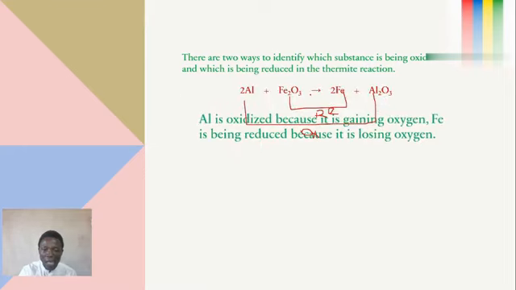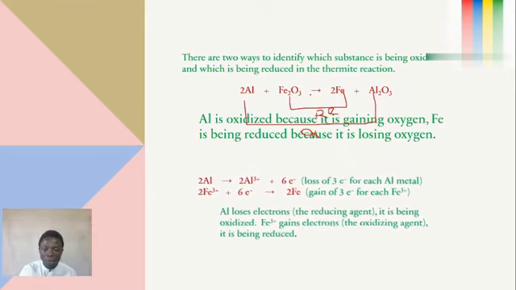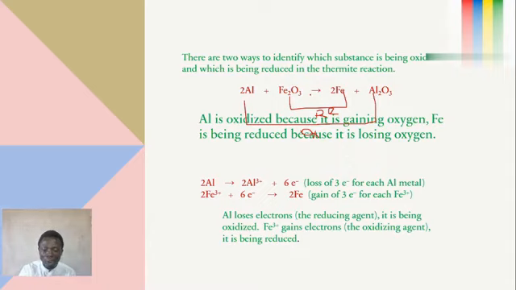So, as I stated earlier, aluminum is oxidized because it gains oxygen, and iron is being reduced because it is losing oxygen. Are we together? Based on electrons also, we see there's loss of 3 electrons for aluminum to become aluminum metal, an atom, and loss of electrons is oxidation.